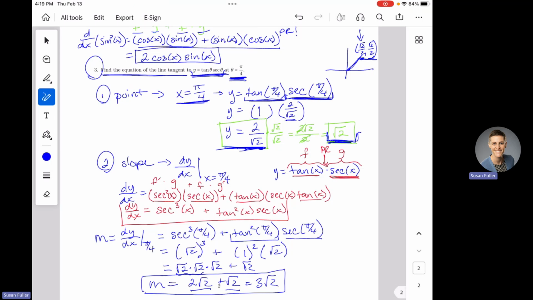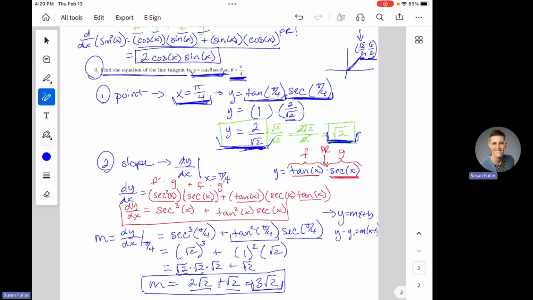Now we can either rock with y equals mx plus b, or we can do y minus y1 equals m times the quantity x minus x1. I think most of you use y equals mx plus b, so we'll start with that. You'll use your point for your x and your y, and we have our m right down here.